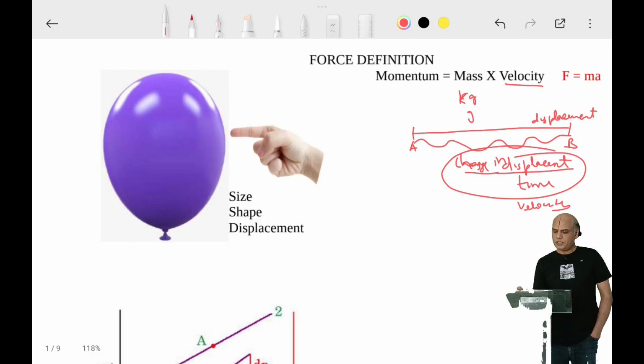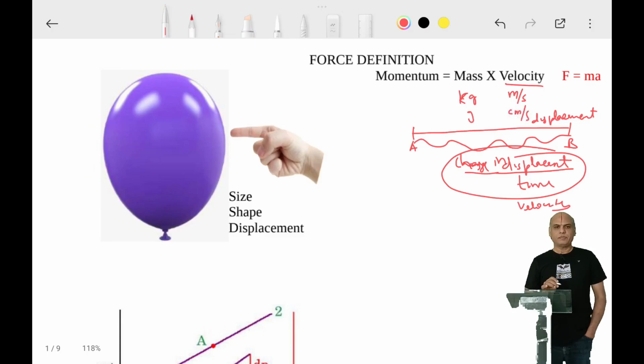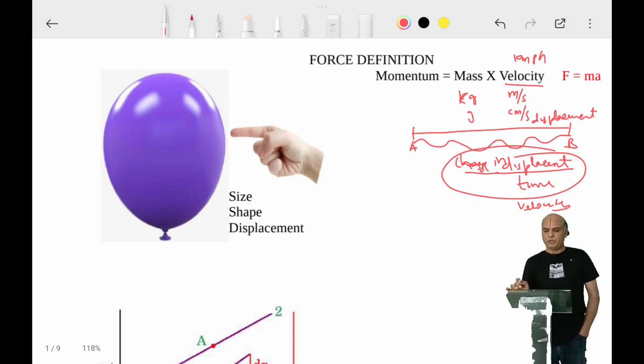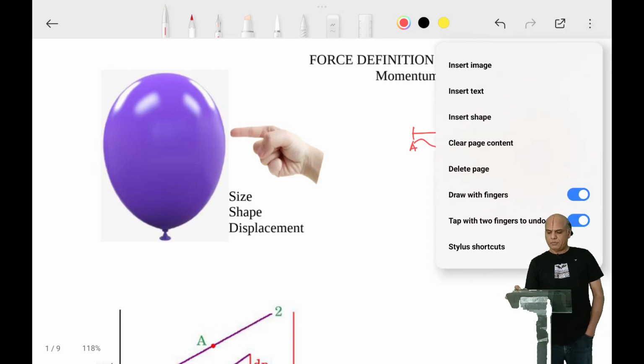Units of velocity is, in SI units it is meters per second, in CGS units it is centimeter per second. Practical unit is kilometers per hour. So is it clear? So now we understand what is mass and what is velocity.